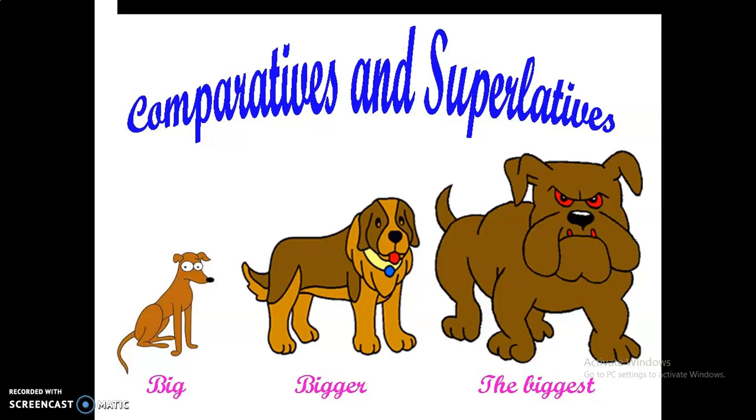There are demonstrative adjectives also, like this, that, these, those. For example, this pen belongs to Ram, and that car belongs to Rahul. We call all these demonstrative adjectives. And there are possessive adjectives: my, our, your, his, and her.